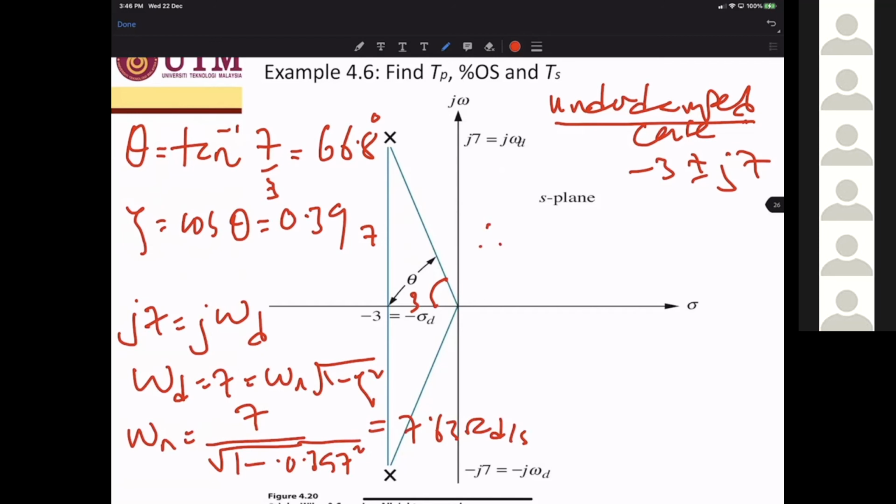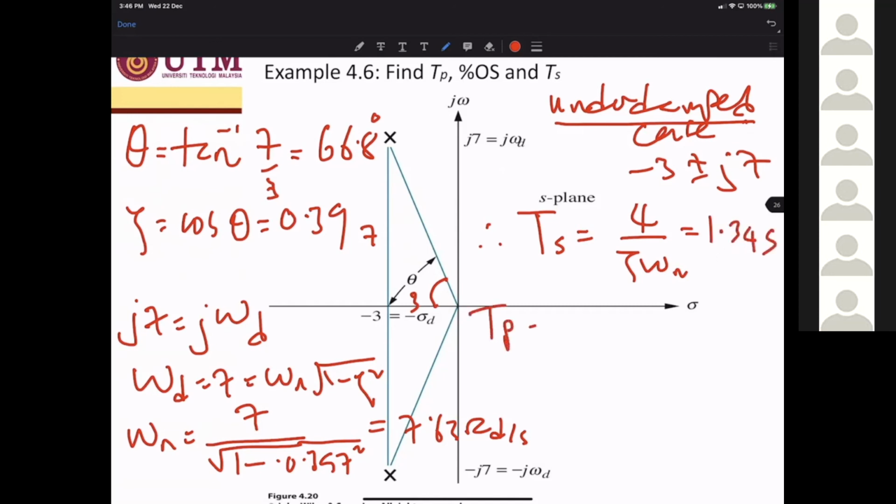Syakila. Yes, sir. Settling time, 4 over... how much? 1.34.